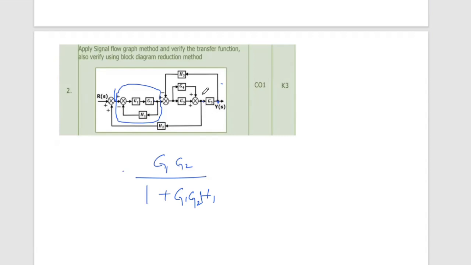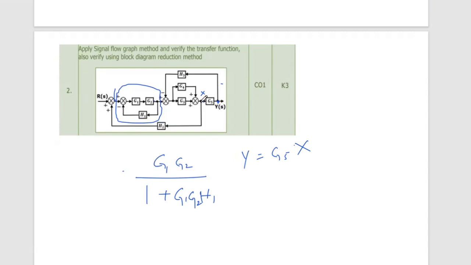Suppose this is X, and Y is G5 times X. So if I bring it here, H3 is multiplied by G5 on the upper side, on the H3 feedback.